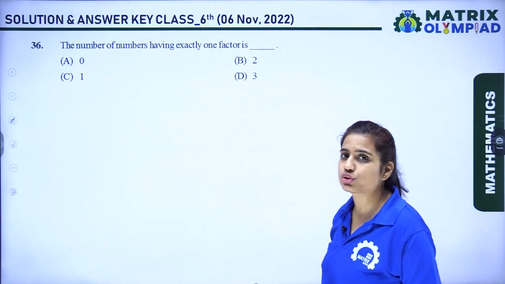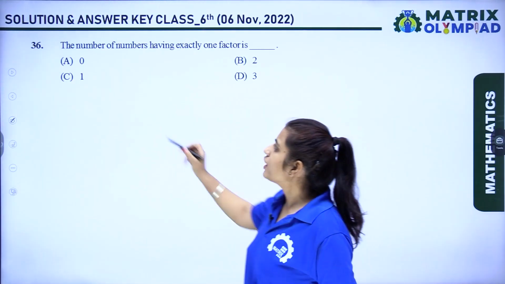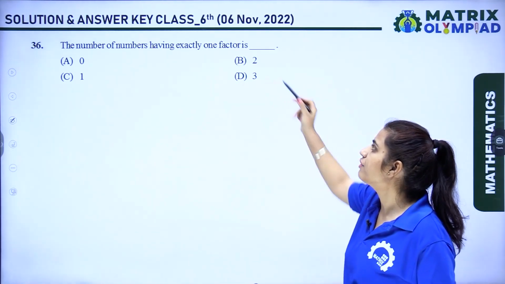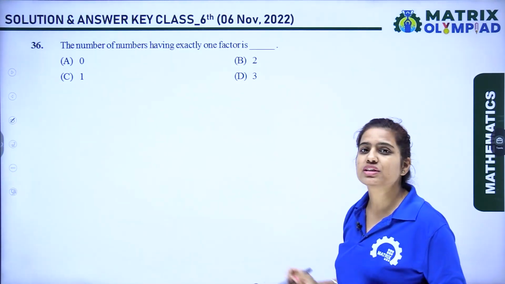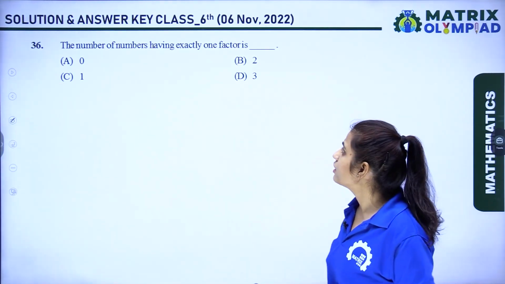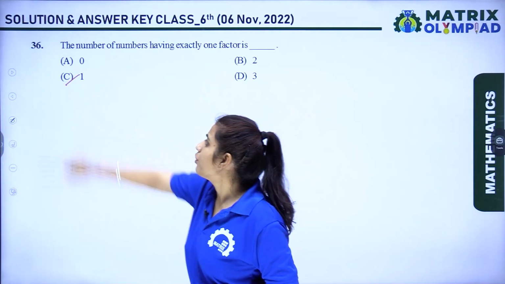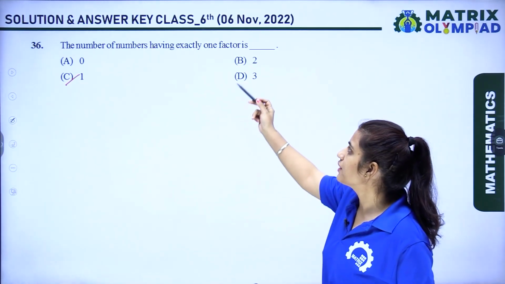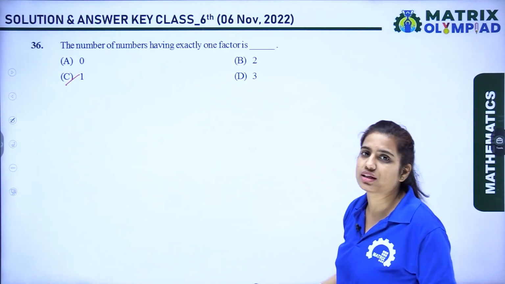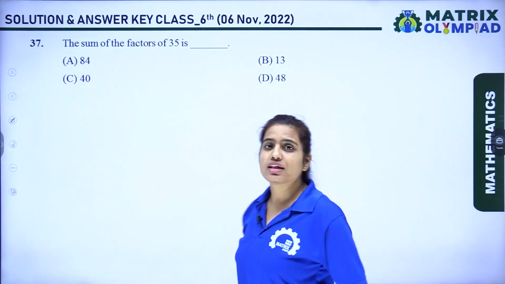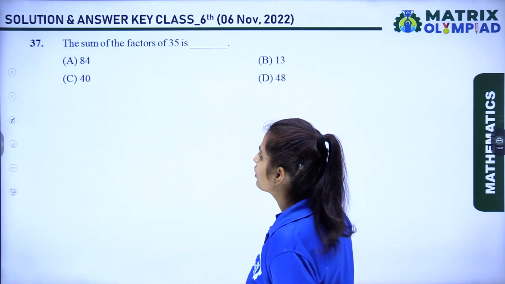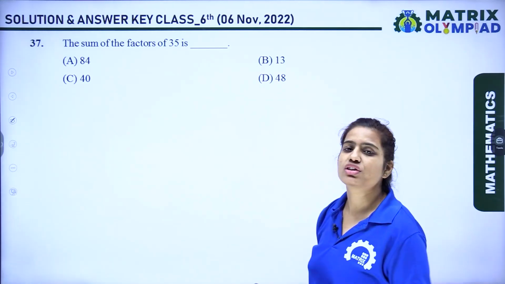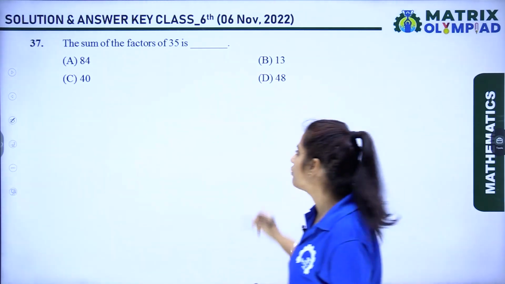Let's begin with the next question, that is 36. The number of numbers having exactly one factor is. So the number of numbers having only one factor, that is option C, that is 1. Let's solve the next question, that is 37. The sum of the factors of 35 is. First of all, we have to write down the factors of 35.